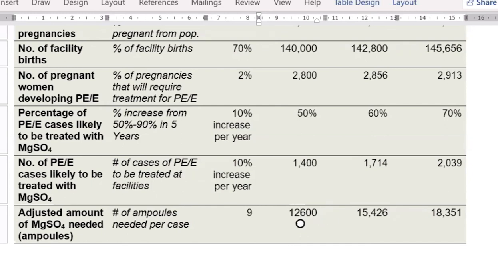Okay, so what I'm trying to emphasize is that for injectables, please always calculate them as individual ampules, then divide them by the pack size that is existing at your supplier. But in the government setup, because you'll be using the electronic management logistics information systems, the pack sizes are there.